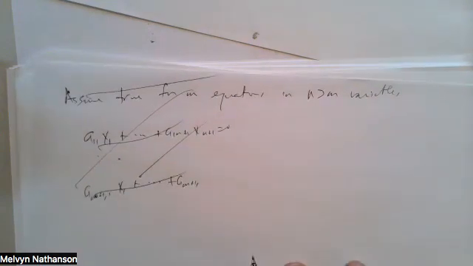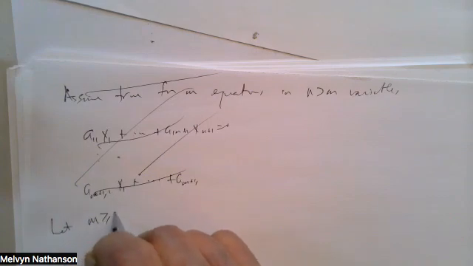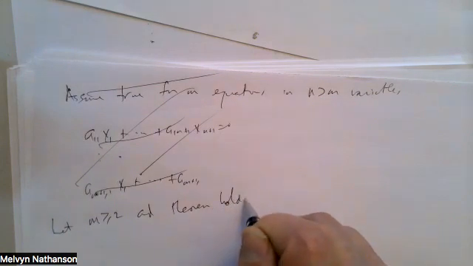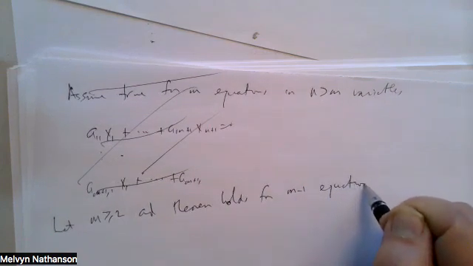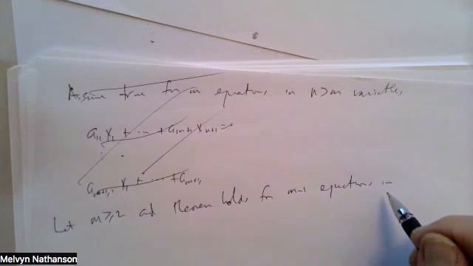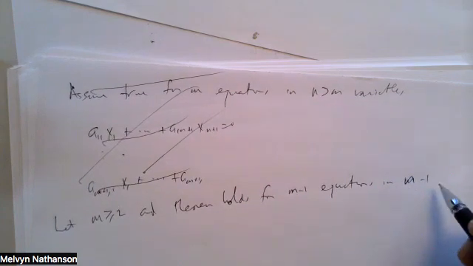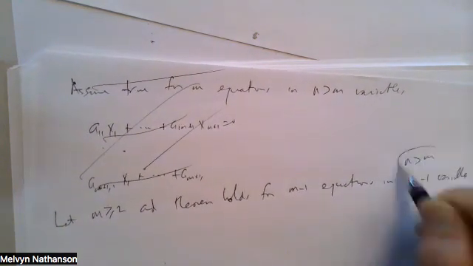Actually, let me do it the way I did it in the notes. This will work fine, but let me just do it the way I did it in the notes. Suppose that m is at least 2, and the theorem holds for m minus 1 equations in n minus 1 variables, where n is bigger than m.